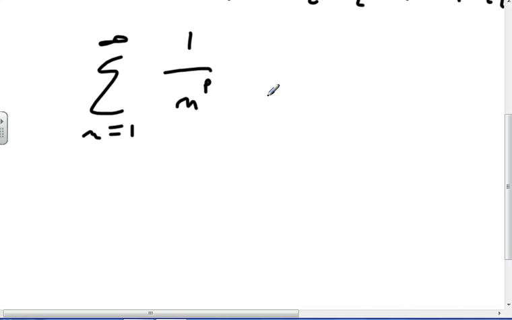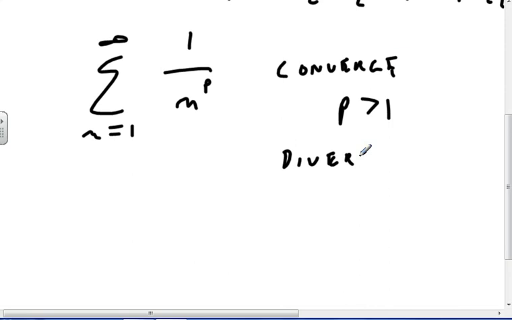All right, bottom of page 956. If I have the summation n equals 1 to infinity of 1 over n to the p, this particular series is going to converge for p greater than 1, and it's going to diverge for p less than or equal to 1.